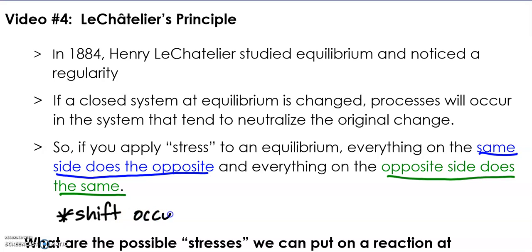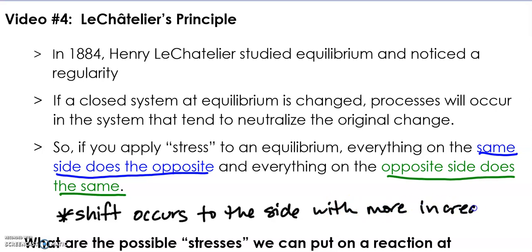So a shift occurs to the side with more increases. Again, this will make more sense when we get to some examples.